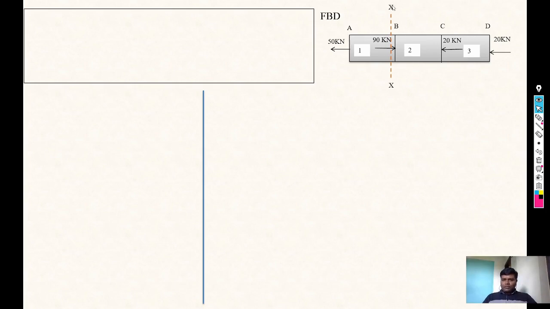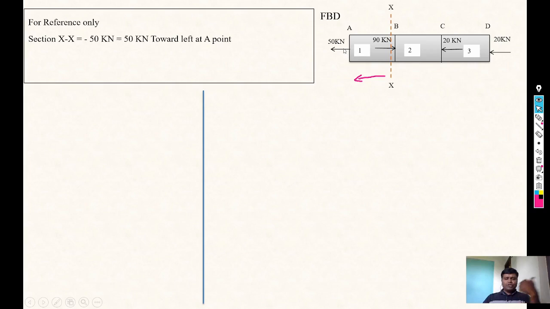So from A point, our first section is AB, so just take a XX section near to B point and focus on the left side. On left only one force is there, that is 50 kilonewton, and the direction of that force is towards left, so it will be negative.